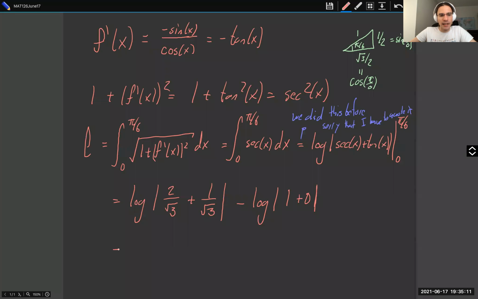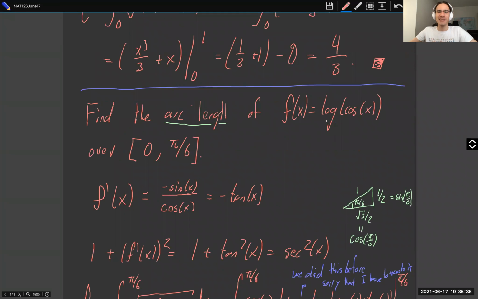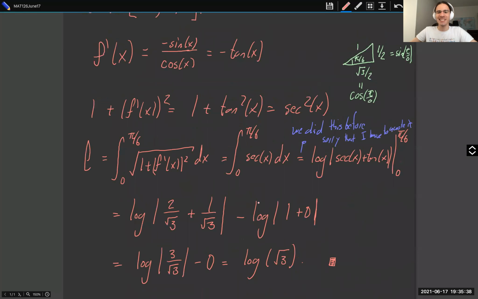So then I can rewrite this as log of 3 over root 3 minus 0, which is the same as log. And then I can remove the absolute value bars. It's a positive number. Log of root 3. So fun fact, the arc length of this function from 0 to pi over 6 is log of root 3, in case you were wondering.